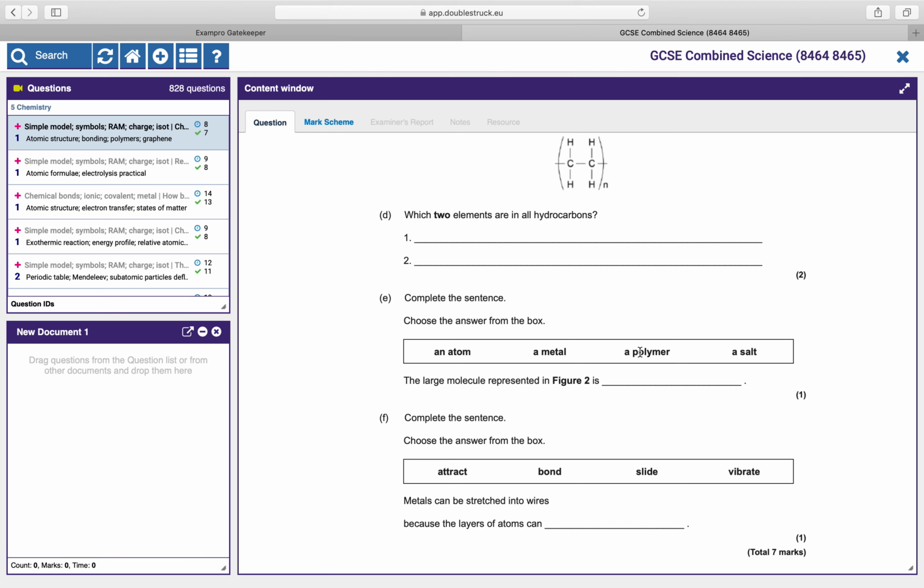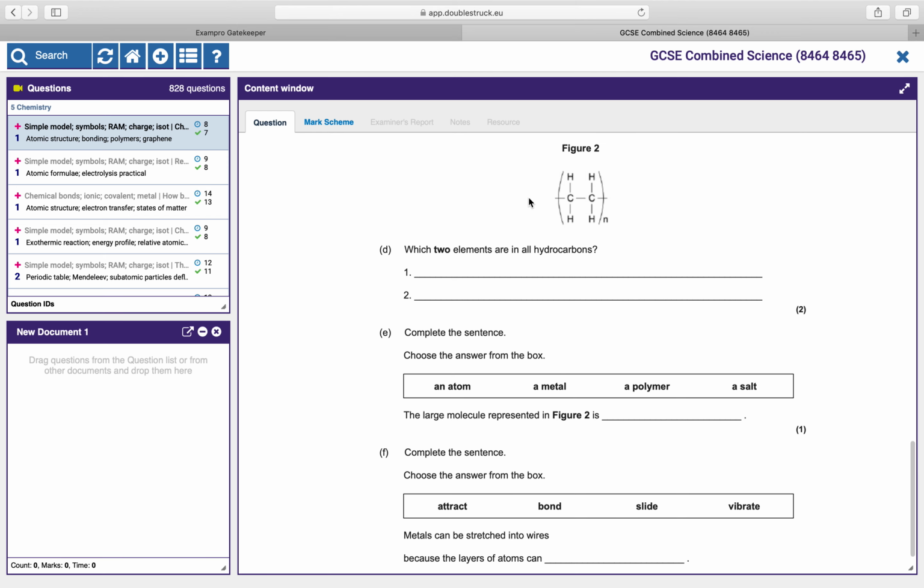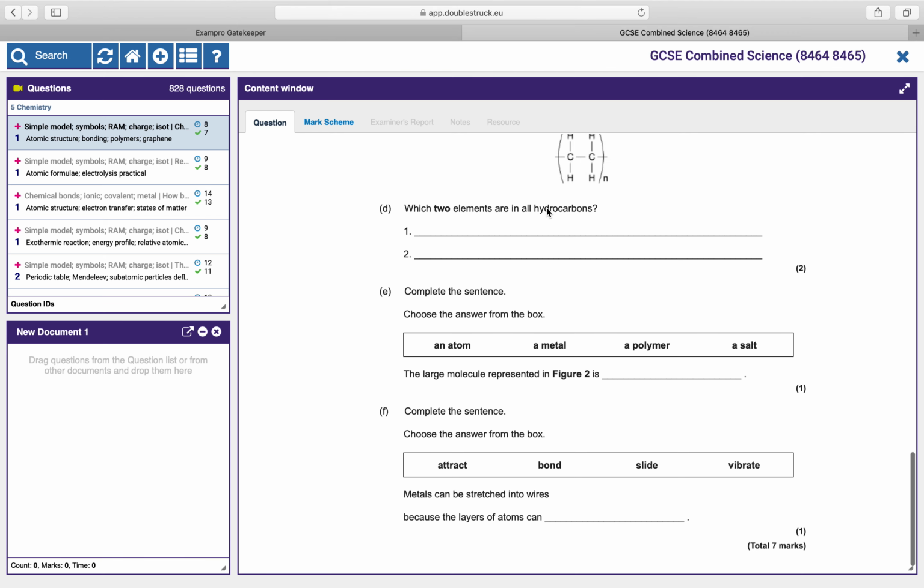It's important that you know these. Polymers are generally represented like this, and that N means the structure can continue going on, up to the millions. It's a very, very long structure.